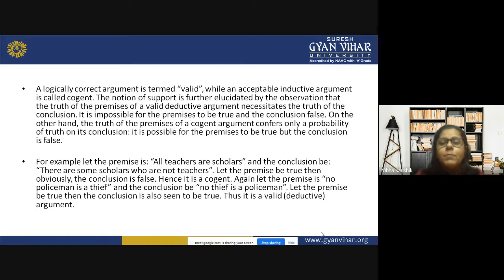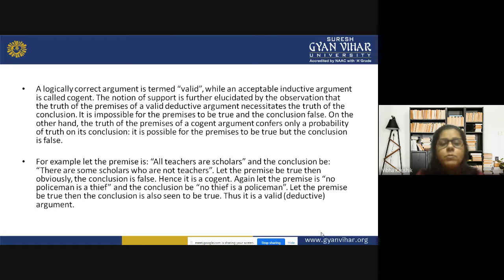While an acceptable inductive argument is called cogent, the notion of support is further elucidated by the observation that the truth of the premises of a valid deductive argument necessitates the truth of the conclusion.